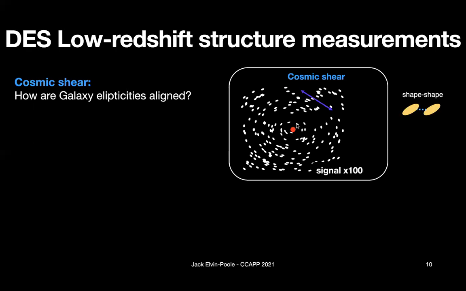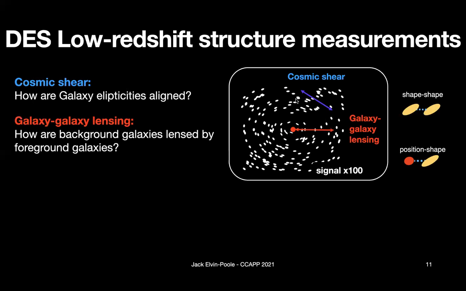And you can see that because of gravitational lensing, the background galaxies are sheared, so their shapes are modified tangential to the line that connects them to the foreground mass. So if we measure the autocorrelation of the shapes of the background galaxies, so how aligned are 2 galaxies separated by some distance, we call that cosmic shear. This is our pure lensing cosmological measurement that is sensitive to all the matter between those galaxies and us.